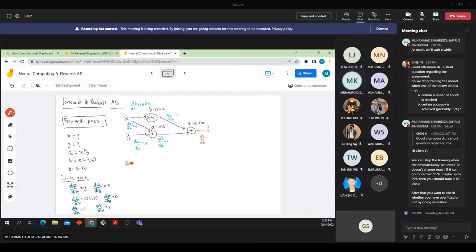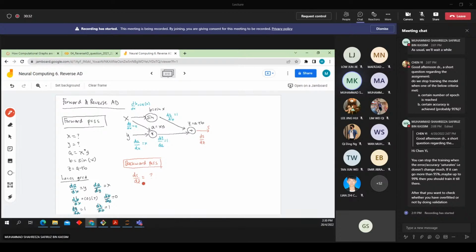I'm going to do it in red. In our backward pass, we have ds/dz, which we don't know yet.